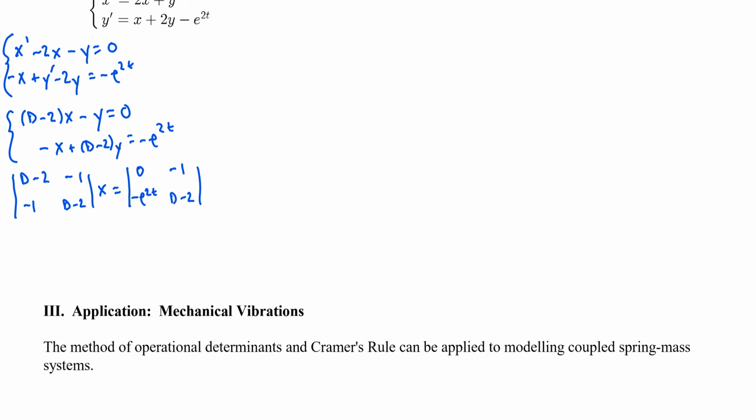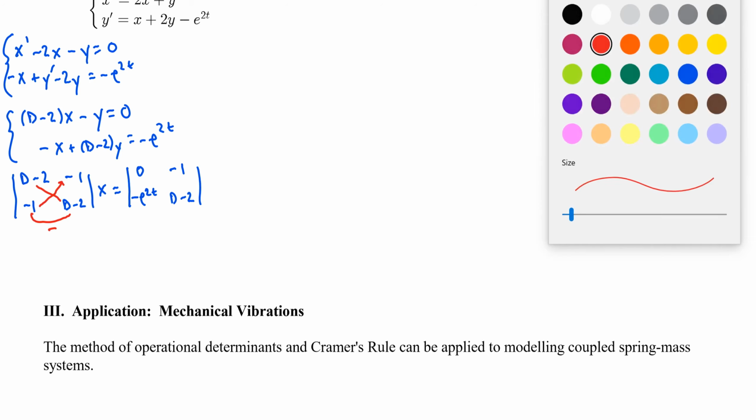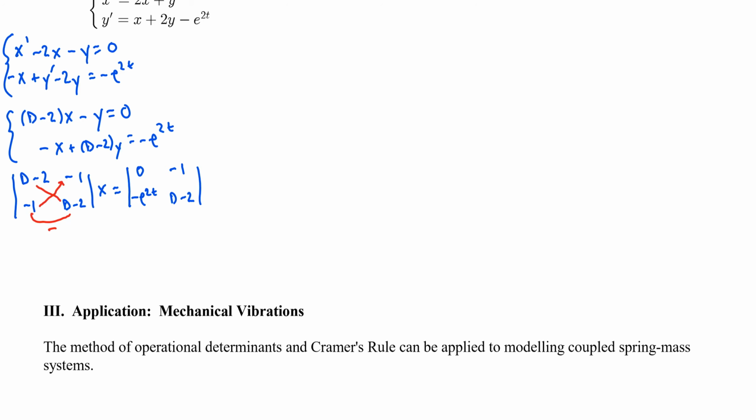Treating the left-hand side, those big D's, as if they are algebraic expressions, and following the pattern of a 2 by 2 determinant, we're going to find our forward diagonal product, and then we're going to subtract our reverse diagonal product. So we have D - 2 times D - 2 minus our reverse diagonal product, -1 times -1.